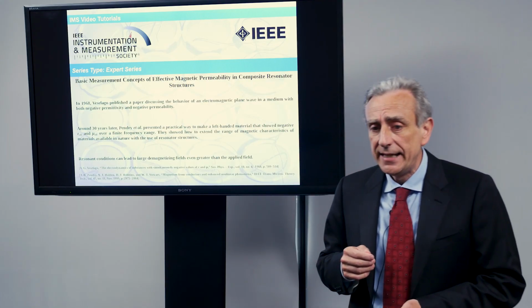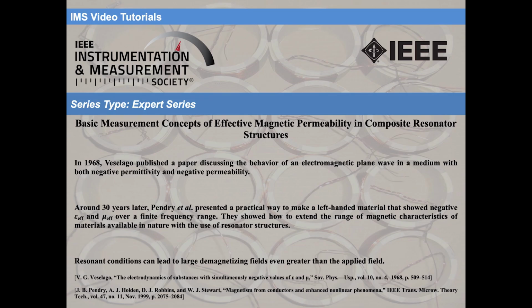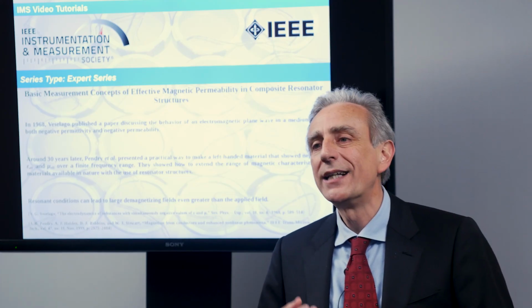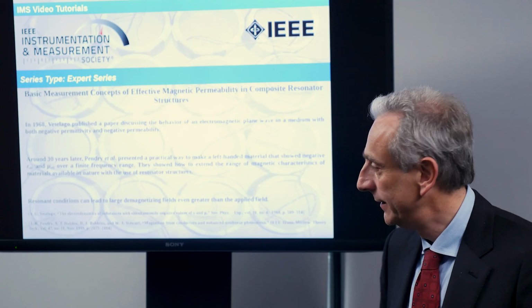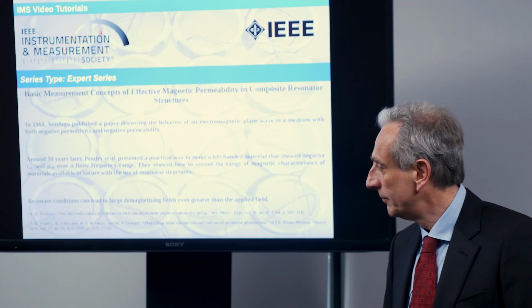In 1968 appeared an interesting paper discussing the possibility to study material which exhibited negative magnetic permeability. And it was around 30 years later that the group of Professor Pendry proposed the idea of making a material which was able to exhibit such unusual magnetic behavior.